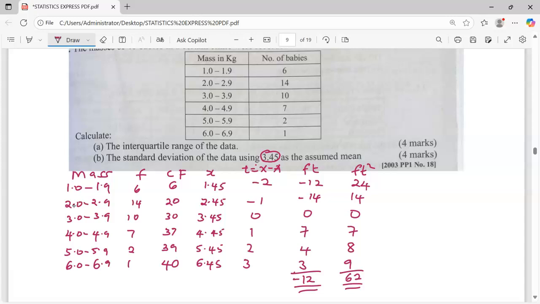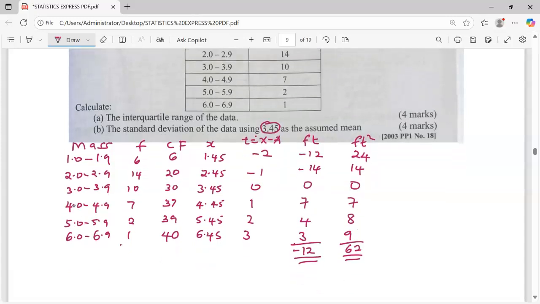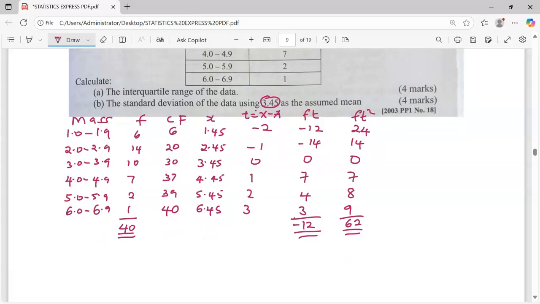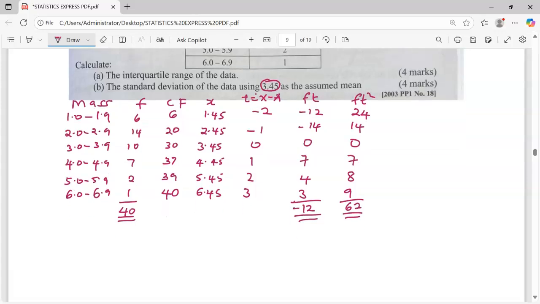Once we have modified the table as follows, we can as well get the total of the frequency, and the total of the frequency will be equal to 40. From there now we can get the lower quartile, the upper quartile, then subtract the two to get the interquartile range.